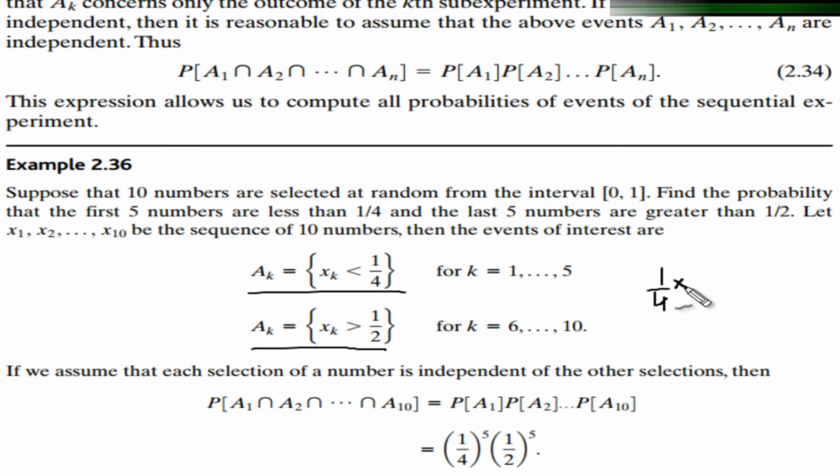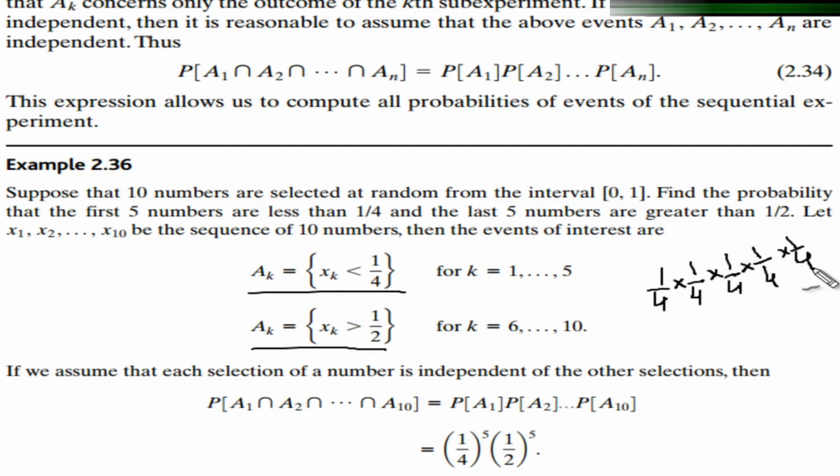Again infinite numbers are left, because infinite minus 1 is again infinite. So you have to pick the next number, and that would be 1 by 4 again. 2 numbers are gone, so infinite minus 2 is again infinite, 1 by 4, and multiplied by 1 by 4, infinite minus 4 is again infinity, and again 1 by 4.